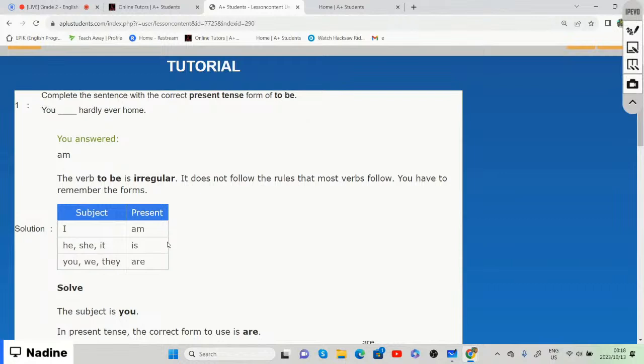If a subject is either he, or a subject is either she, or a subject is it, right? And then we need to say is. So it's either he is eating, she is eating, or we can say it is eating. So the subject doing something is.